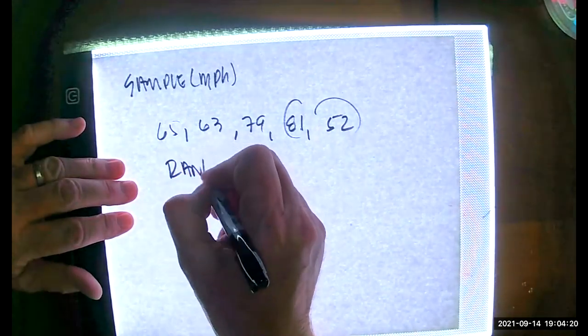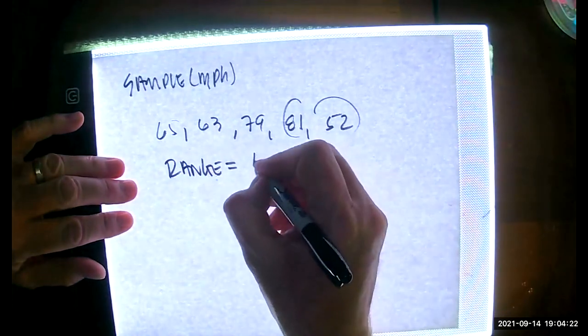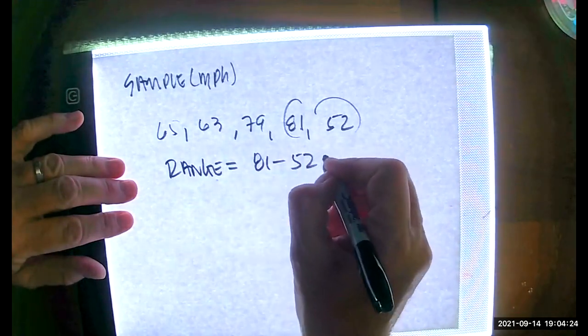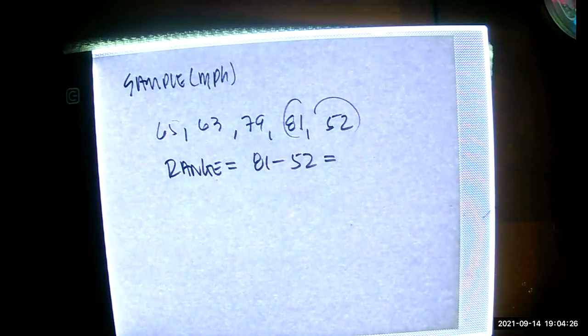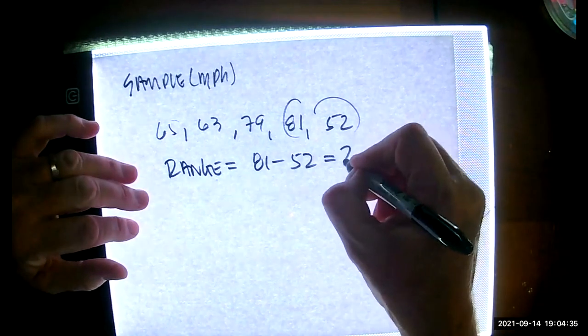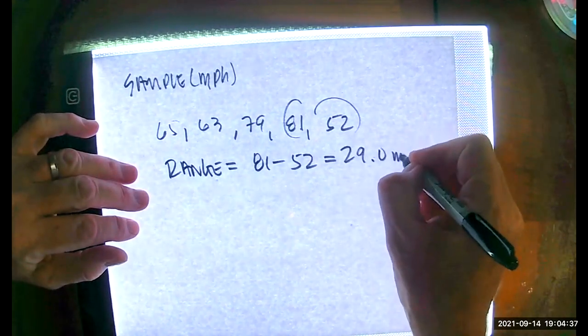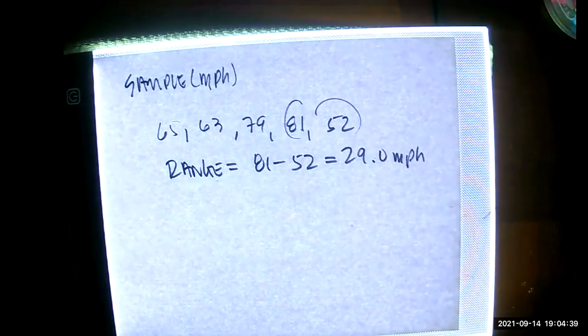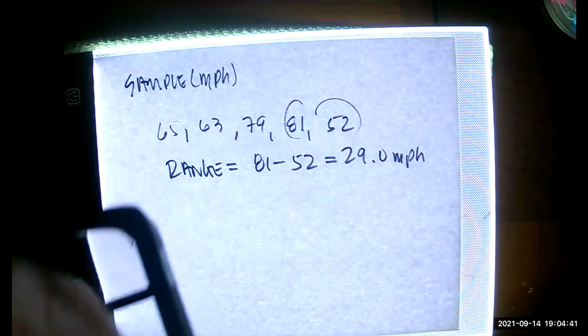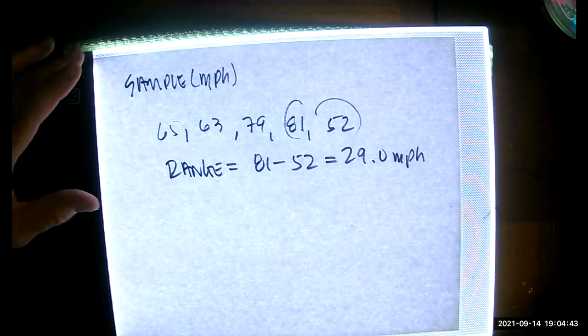My range, literally 81 minus 52, whatever that little number might be. 81 minus 51 would be 30, minus 52 would be one more than that, or 29.0 miles per hour. We'll talk about rounding in just a moment here. But there we have it.